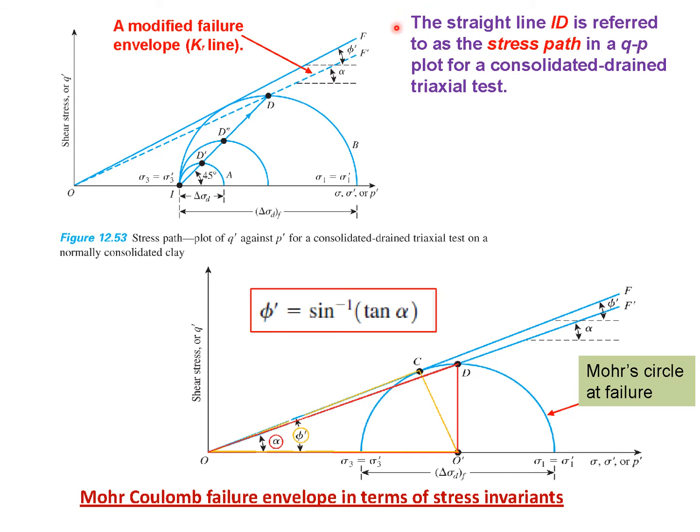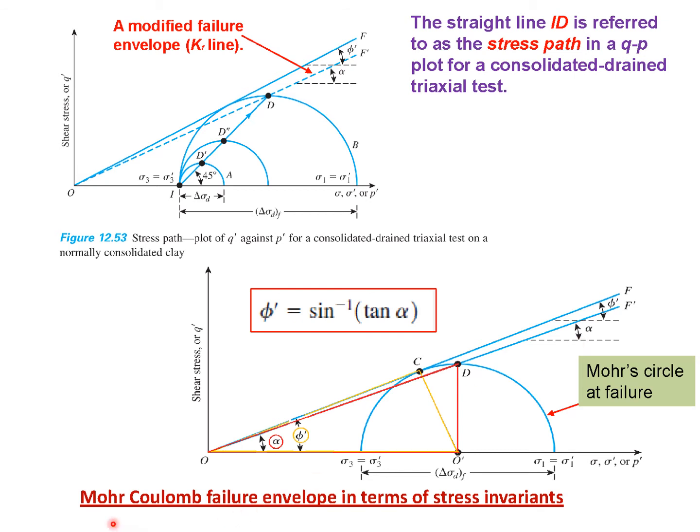The straight line ID, look for this one, is referred to as the stress path in a Q versus P plot for a consolidated drained triaxial test. And here you can see again, this was the failure envelope, and if you just consider this point and draw this line, you can see that this modified envelope is making an angle of alpha.